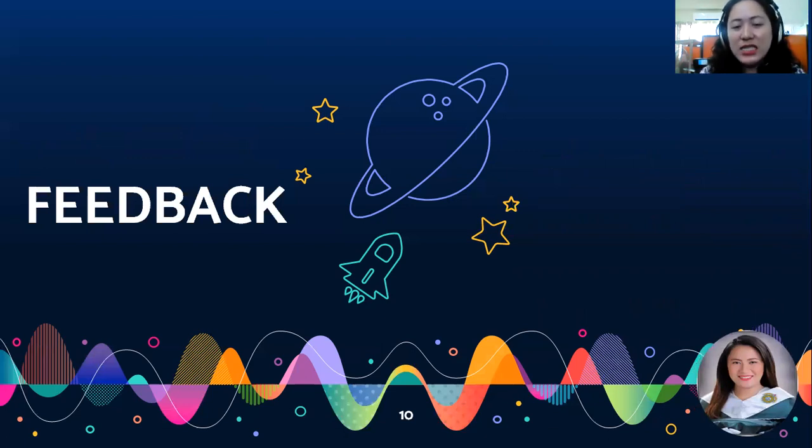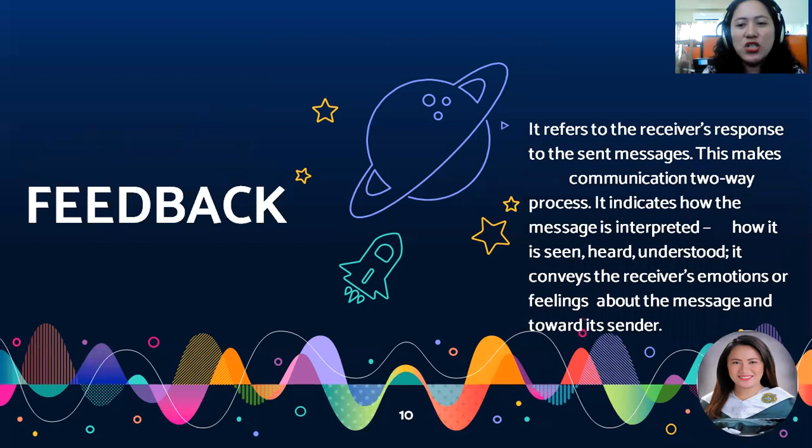Of course, this is to respond to the message. It refers to the receiver's response to the sent messages. This makes communication a two-way process. So it indicates how the message is interpreted.